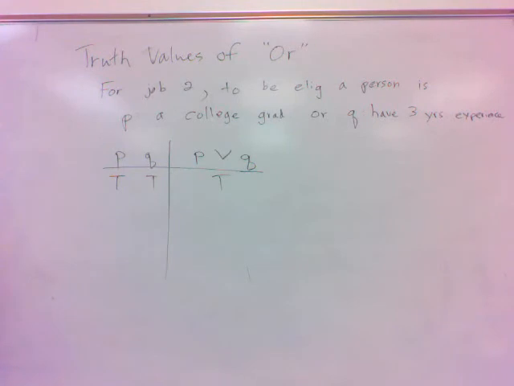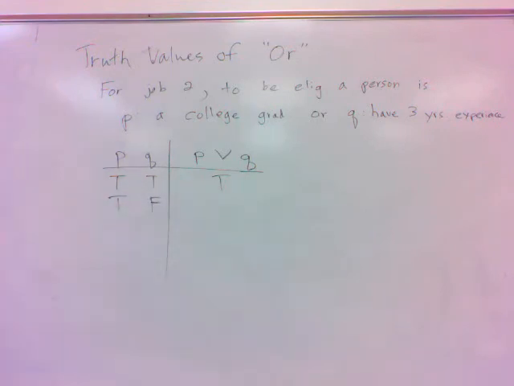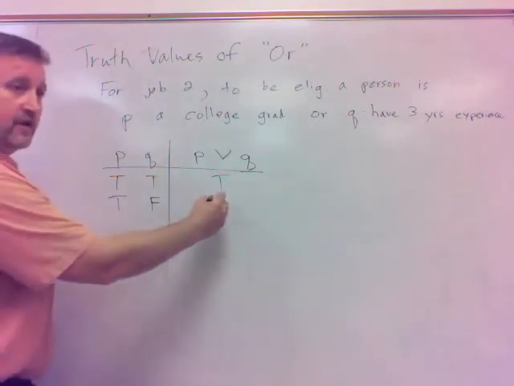What about person 2? 2 was true on the first, false on the second. So true, they are a college graduate. False, they don't have 3 years experience. But are they eligible in this case? Yeah, it's a college graduate or 3 years experience. So if they graduated college, they're eligible, aren't they? So this would be true right here.